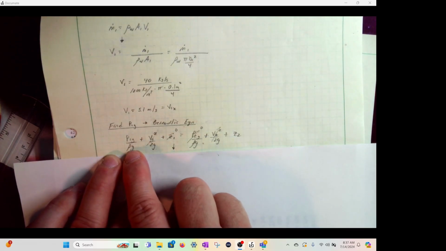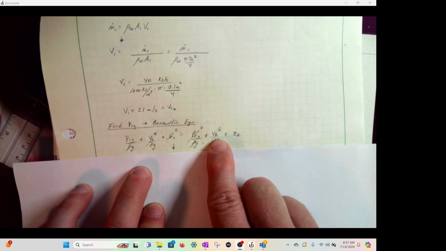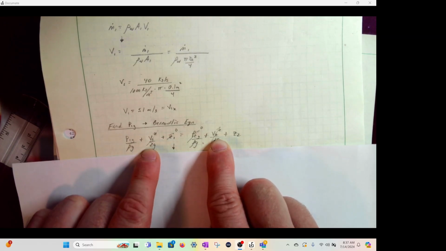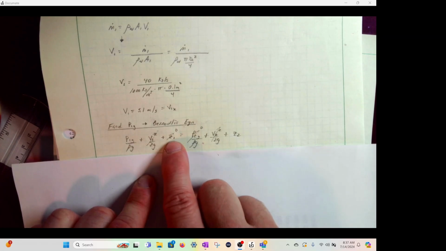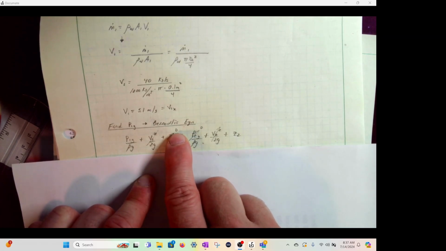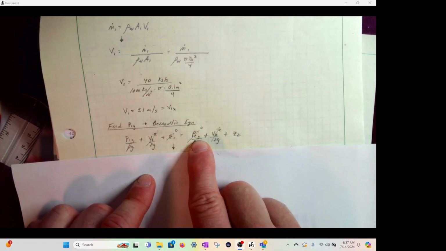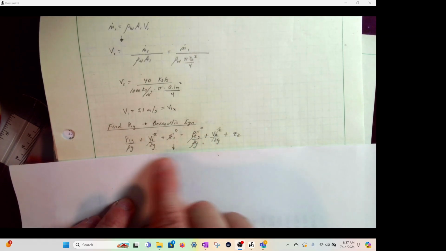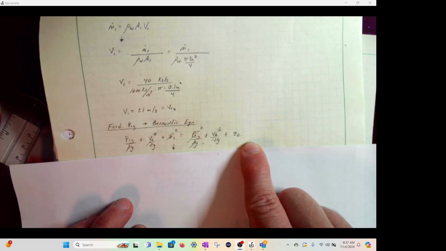Okay. Now, V1 and V2 I canceled because I know that they're the same diameter, so they're going to be the same velocity, and I'll prove that here in a little bit. Our datum was at state 1, so that's 0. And gauge pressure at 2 is 0 because it's atmospheric. So we've canceled, but you've identified your main equation, which is Bernoulli's.